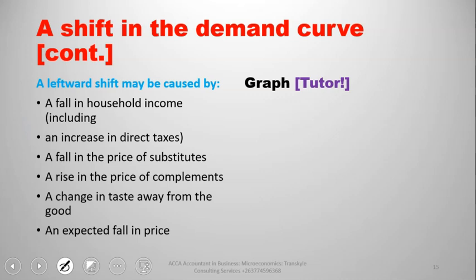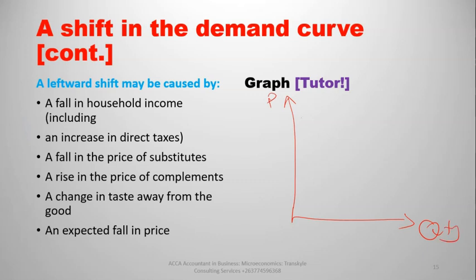So what might cause a leftward shift of the demand curve? All right, let me just try to illustrate what I mean by a leftward shift. Okay, once again, this is the price and the quantity.